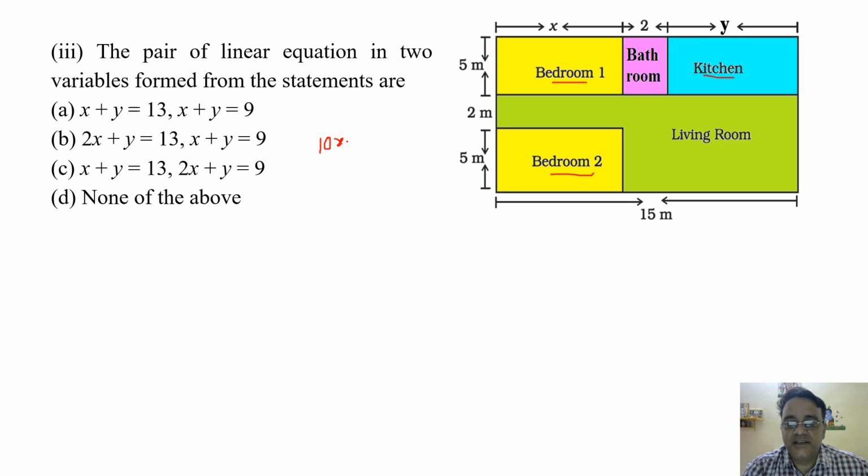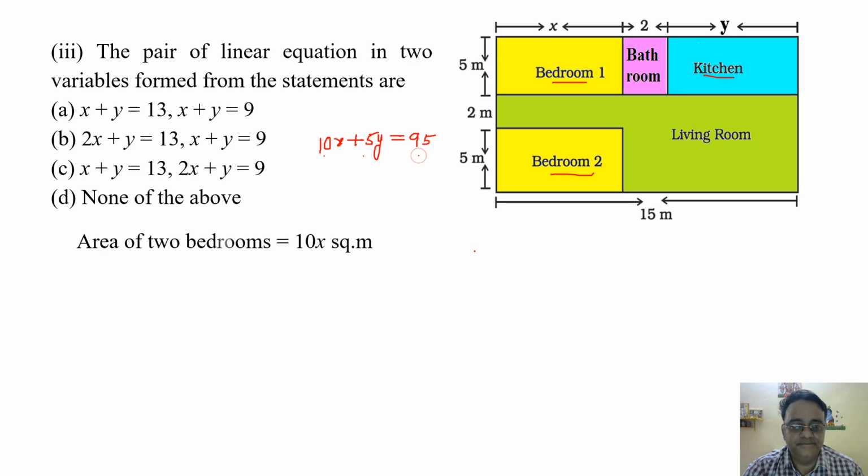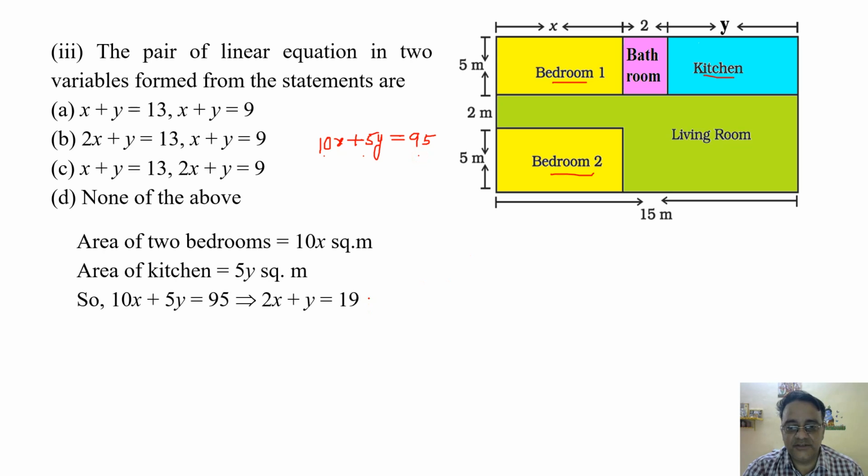And the area of the kitchen is 5y, and this is equals to 95. Okay, so this is the first case, and if we divide all by 5, so we'll get 2x plus y is equals to 19. So that is the first equation.